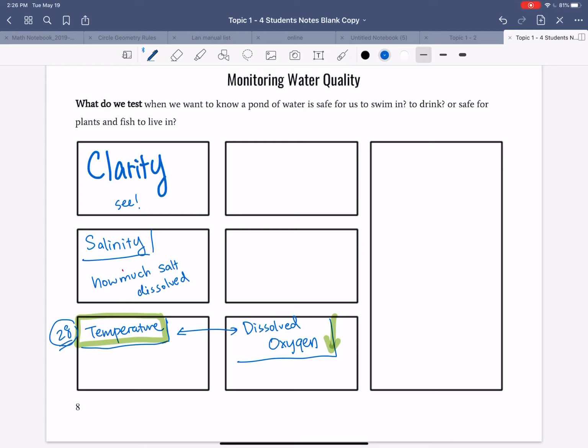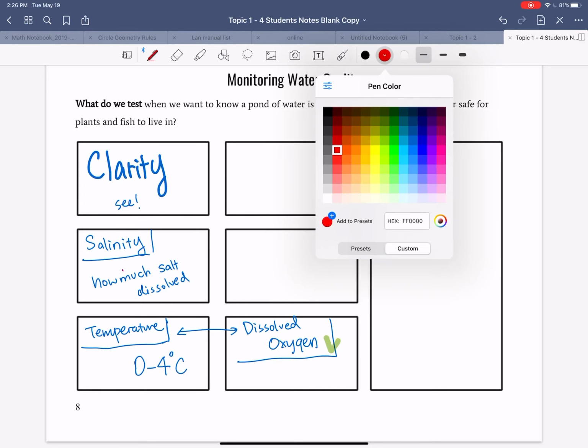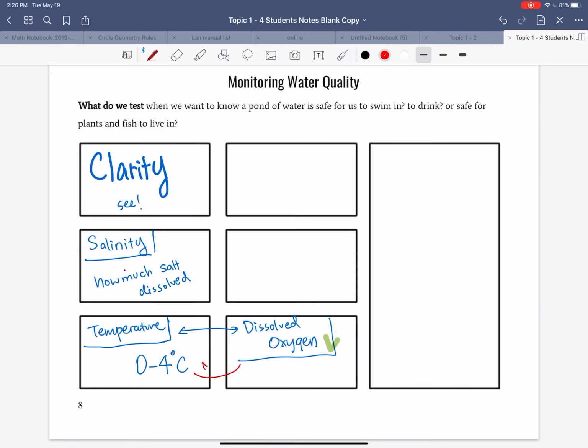So if it's 28 degrees, dissolved oxygen is going to be really low. It's going to be a really dead situation for all the fish and plants inside, because they cannot have enough oxygen. So what's the best temperature for the maximum dissolved oxygen? I would say 0 to 4 degrees Celsius. That's the temperature that will give you the maximum dissolved oxygen. That's the best scenario.